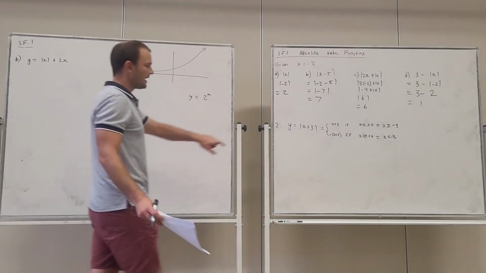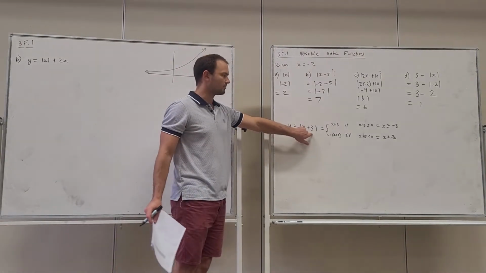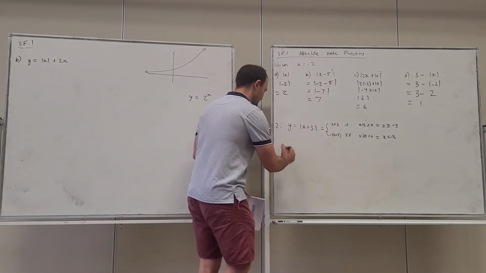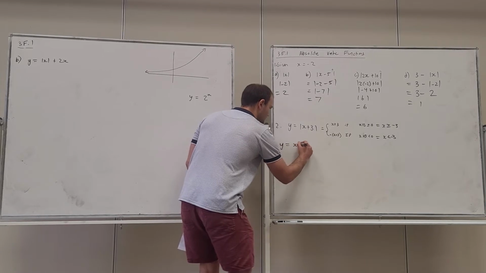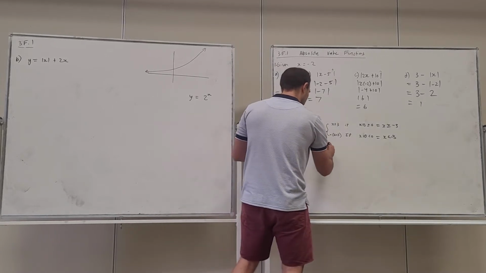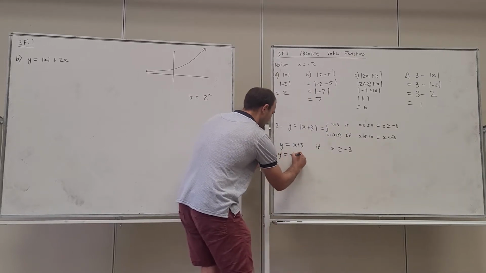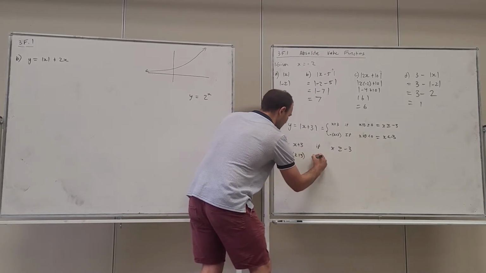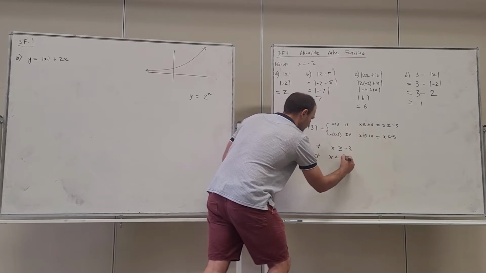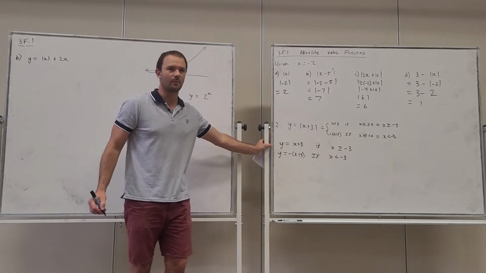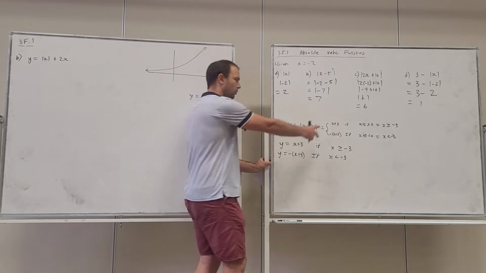If we consider that y equals x plus 3, let's make the statement. It's going to be y equals x plus 3 if x is larger than minus 3, and it's going to be y equals minus x plus 3 if x is less than minus 3. That's the statement that we have here. Right? That's what that means.